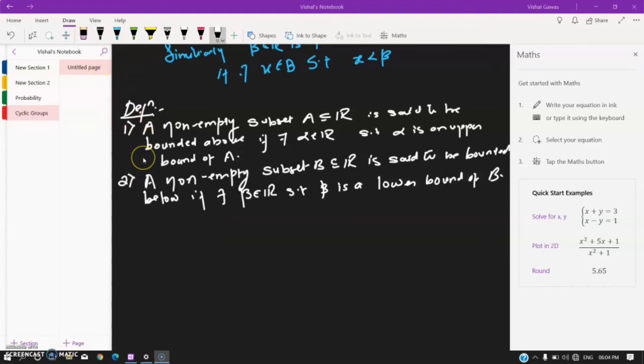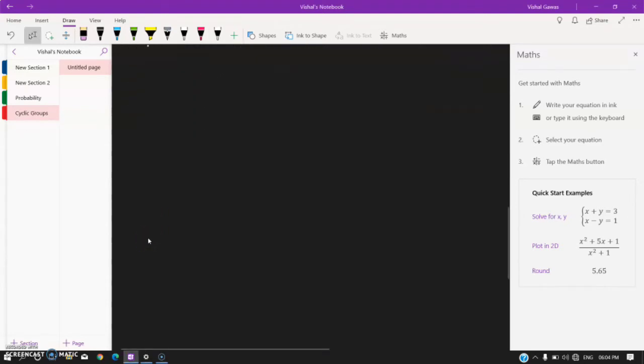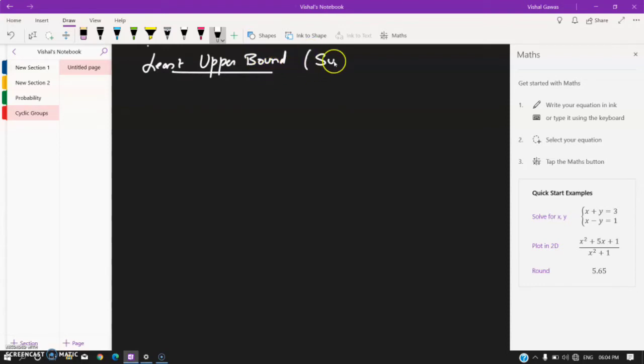So look at the next idea. Call supremum the least upper bound. Supremum.